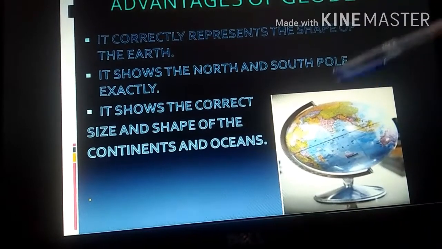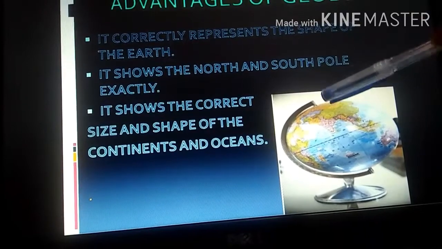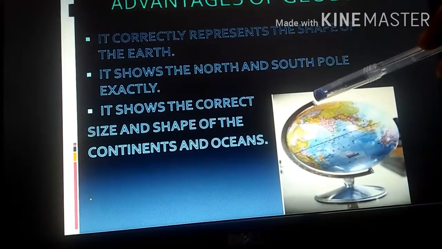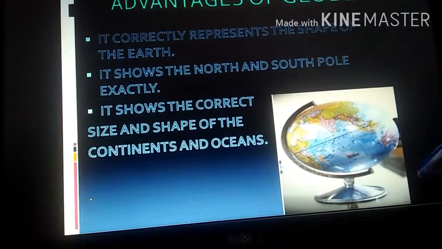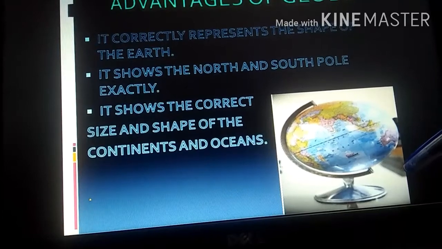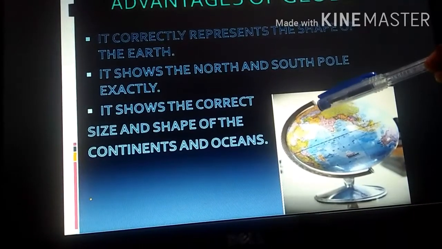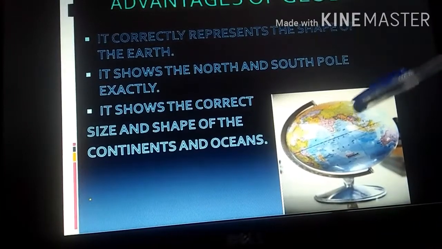So we do not have corners to know which place a person lives in. We have only two points. Which are those points? The North and South Pole, to know about our directions. It shows the North and South Pole exactly. It also shows the correct size and shape of the continents and oceans.